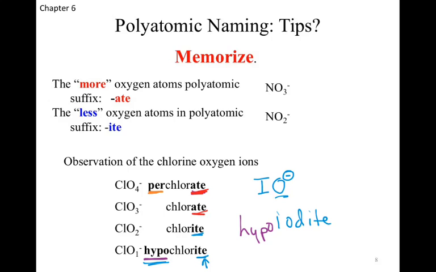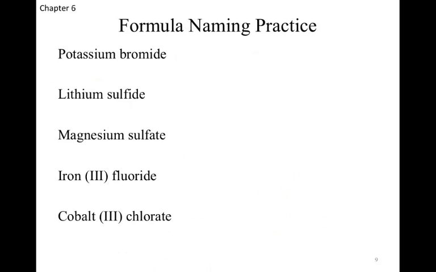So, formula naming practice. Let's take a look at a few of these. The first 2 you should be able to do pretty swiftly on your own, so I'm not going to look at those. Let's take a look at this guy here. To start off with, what's our cation, or our metal?